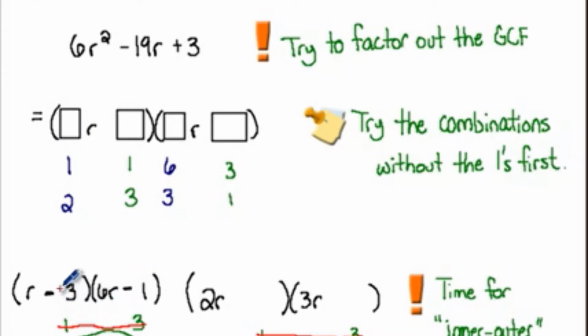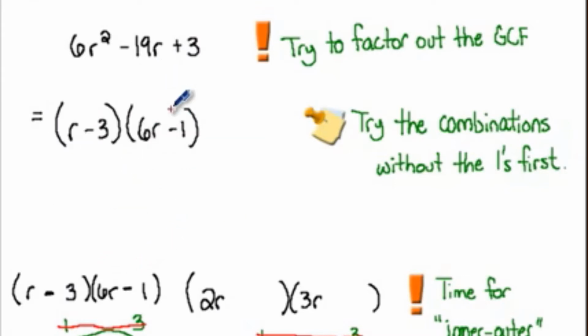If you look at this, negative 18r, and then a minus r would be a negative 19r. But a negative 3 times a negative 1, well, that's positive 3. It's okay that they're both negative because the product of two negatives is positive, and the fact that they're both negative helps us get that negative middle value. Okay, so the actual factorization here is r minus 3 times 6r minus 1.